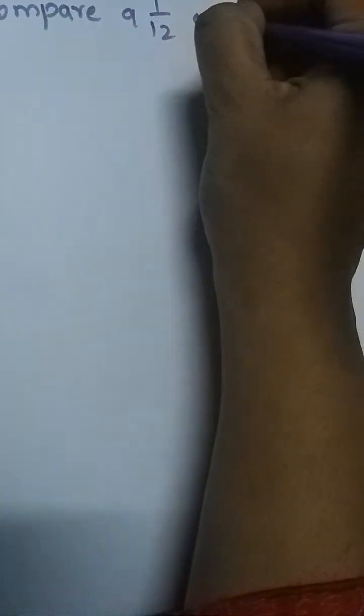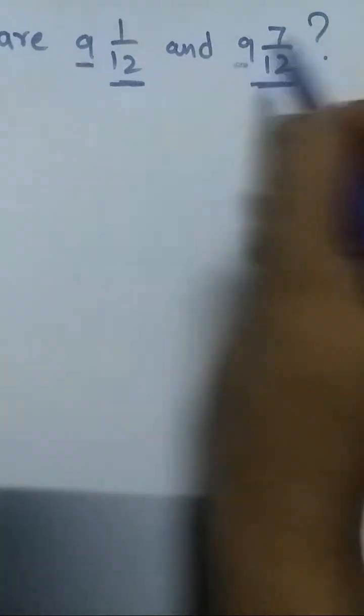Okay, now another problem is there, compare 9 1/12 and 9 7/12. See here children, the same denominators are there and the same whole numbers are there.